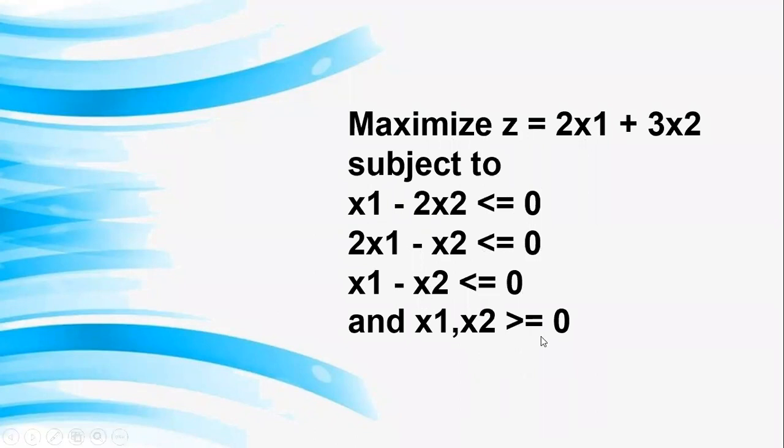The first step in the graphical method is to convert these inequalities into equal signs and substitute x1 equal to 0 to find x2, and x2 equal to 0 to find x1. Similarly, you have to do this for all three equations.